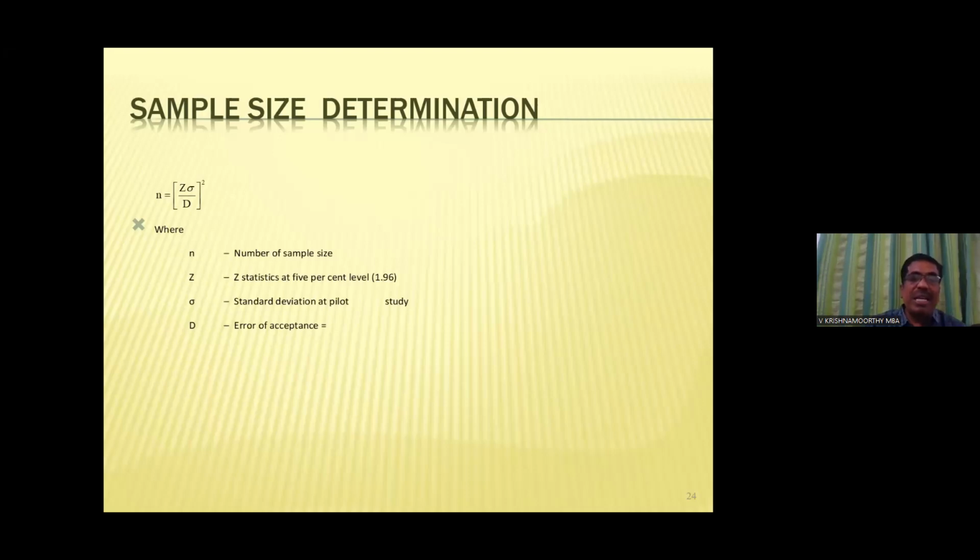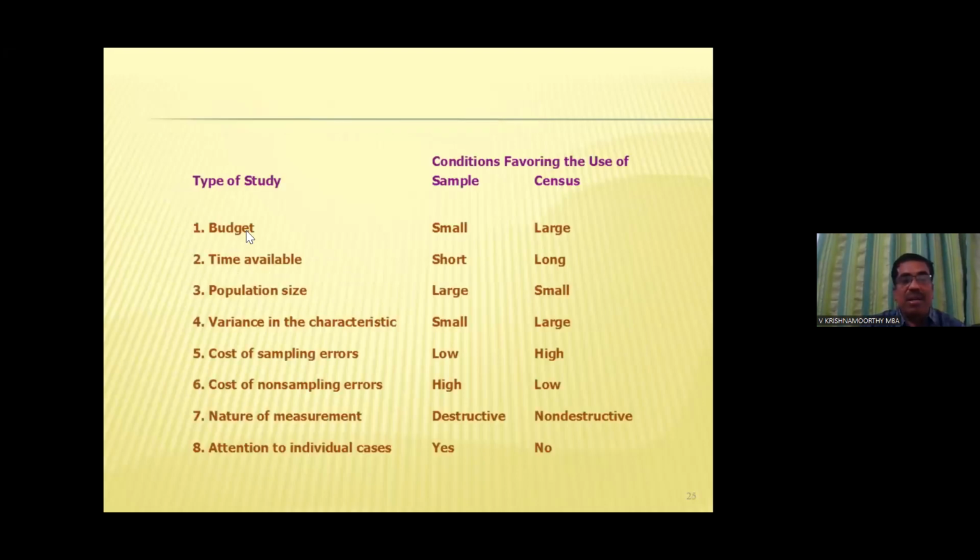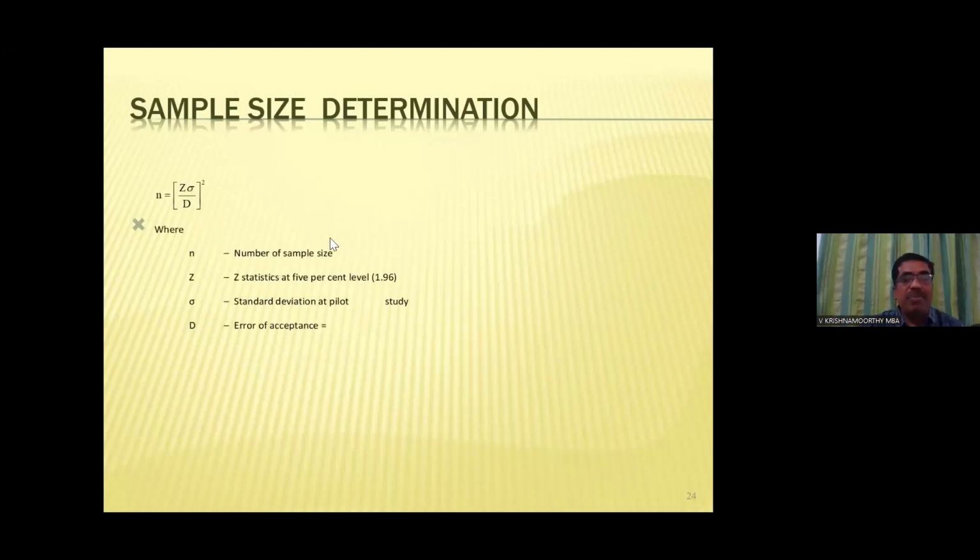Okay. Next one, error of acceptance. Error D refers to error of acceptance. So what is the value of error of acceptance? It could be 0.5 or it could be 0.1 whole square. This is the formula for sample size. For example, I am calculating sample size.